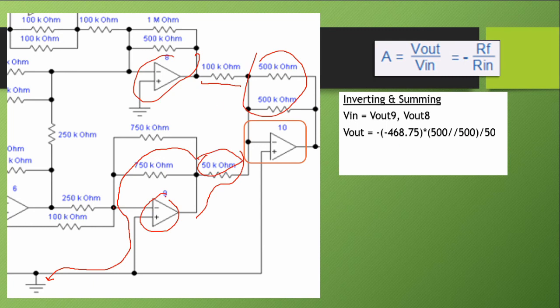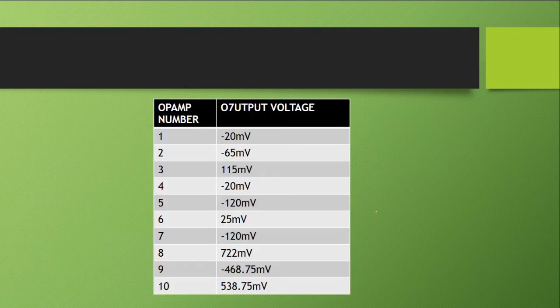For V out 8, R in is 100K, negative of 722, because our input here is 722, times 500 parallel to 500 divided by 100K. The total answer is 538 millivolts. So our V out for op amp 10 is 538 millivolts. This is the final output voltage for the entire circuit.